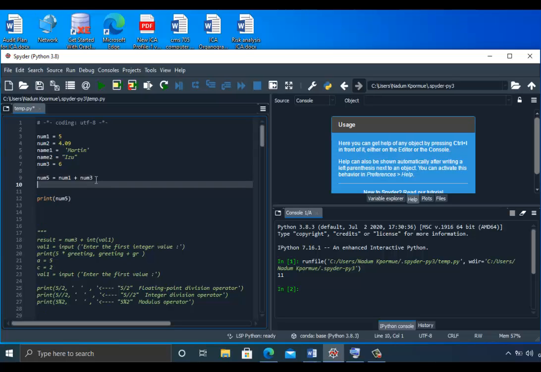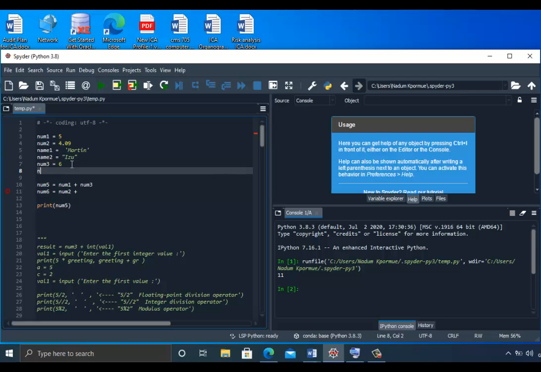Okay, so let's look at a situation where the operands are of floating point as well. So we say num2 plus, say num4, create another num4 that is assigned the value 3.8, okay, which is a floating point.